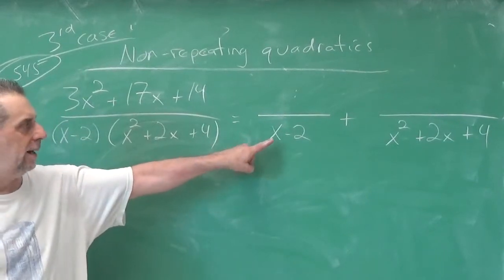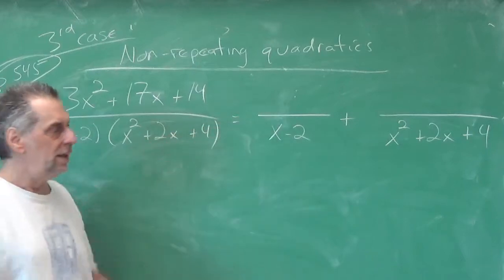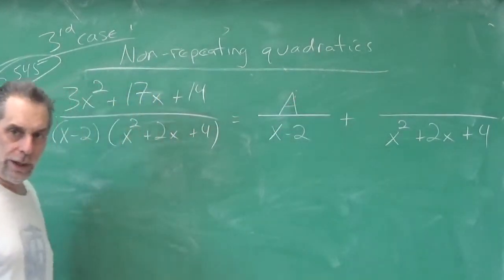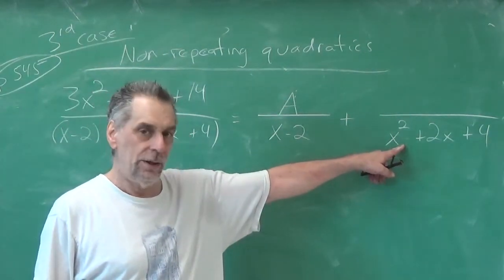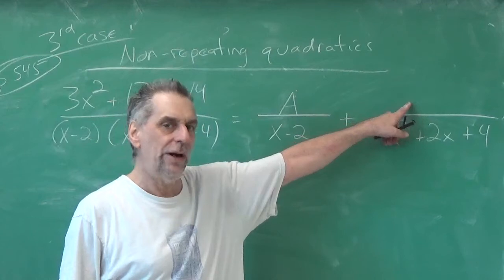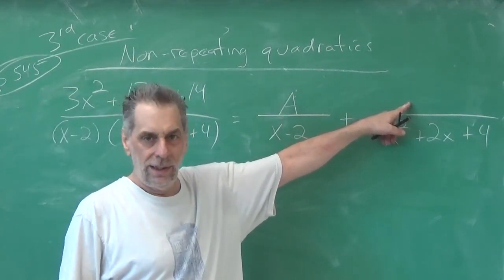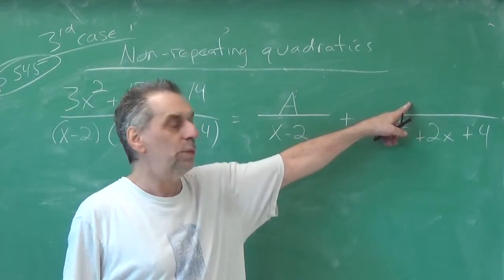This is a degree 1 polynomial, 1 degree less. In the first two cases, we had constant values in the numerator. Now we have a degree 2 factor in the denominator, so what goes in the numerator here is a linear factor. Think of the most common linear equation, mx plus b, slope-intercept form.